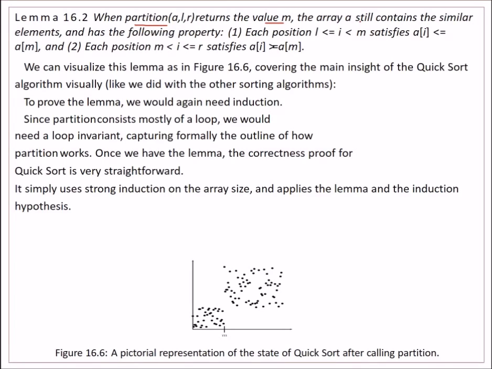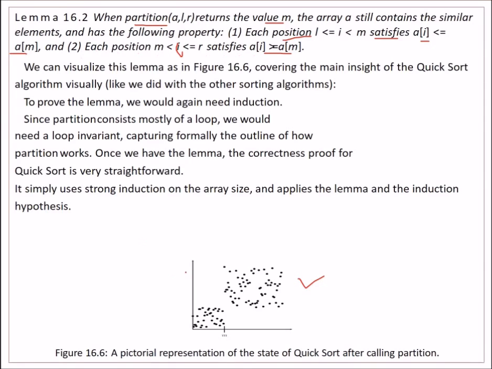The array A still contains the same elements, but with a certain property: for each position I to the left, A[I] should be less than or equal to A[M], and those values on the right position should be greater than the central or pivotal value. And this is a pictorial representation of the state of quicksort after we call the partitioning.